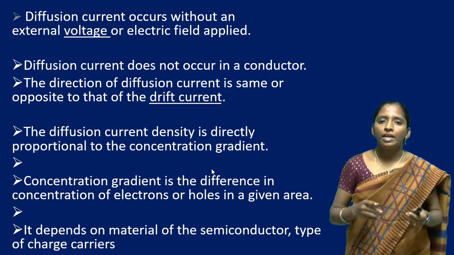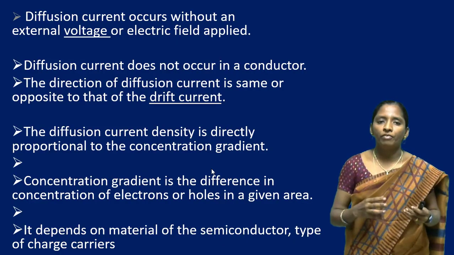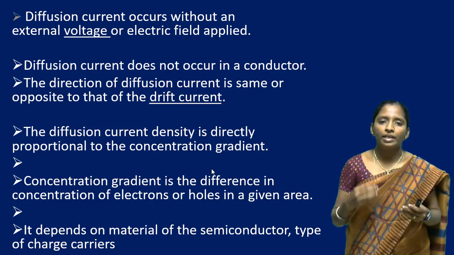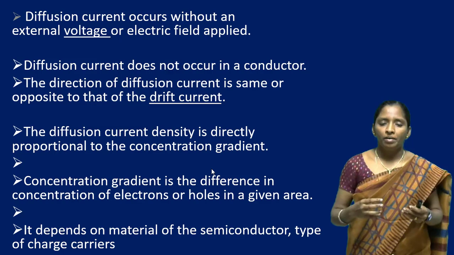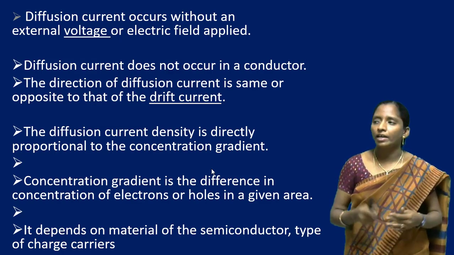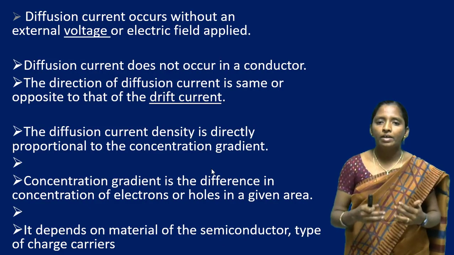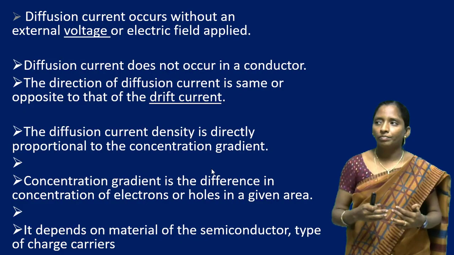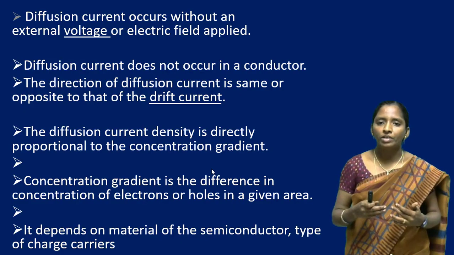So diffusion current occurs without any electric field. If you observe, we are not applying any electric field for diffusion current. Diffusion current does not occur in a conductor. It occurs only in the semiconductor material. The direction of diffusion current is the same as or opposite to that of drift current.